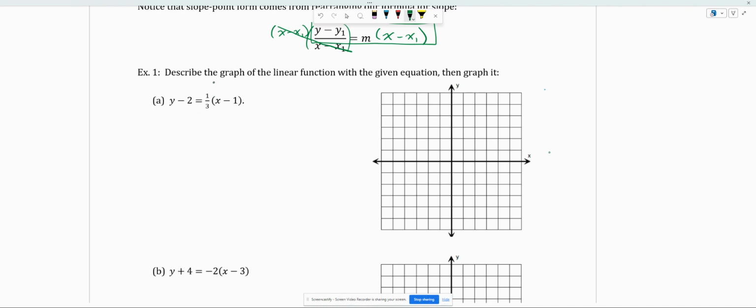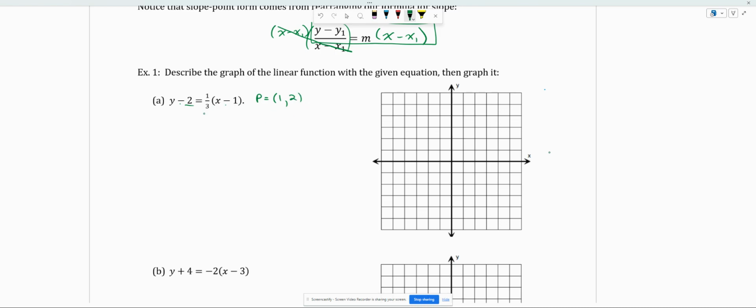We want to graph this linear function. We can see it's in slope point form. We have a slope multiplying by x subtracting something. We have subtraction here and here, so that is a good thing. So our point P is going to be equal to, here's our x1 value, which is 1, and our y value, which is 2.